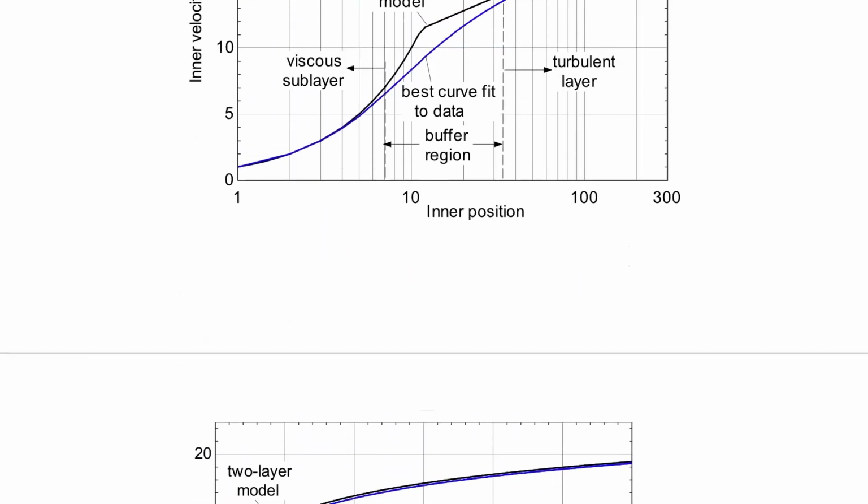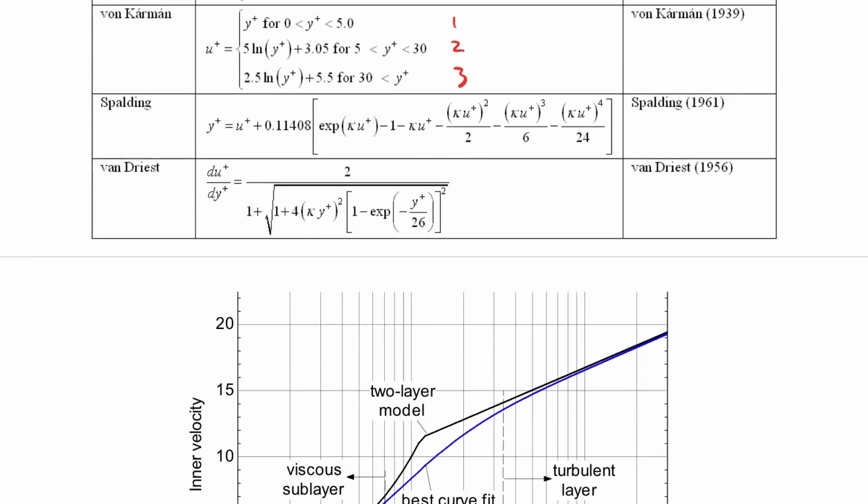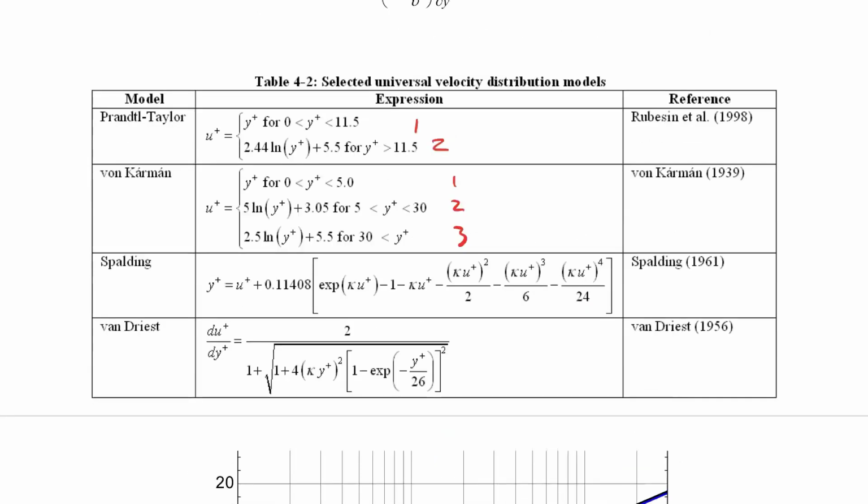What you need to think about is whether you're only trying to get a good estimate of what's happening right at the wall, in that really linear region, or whether you're trying to model what's happening over the full range. If it's right next to the wall, it's really good accuracy to just use Prandtl-Taylor, say if you only care about the shear stress right there.